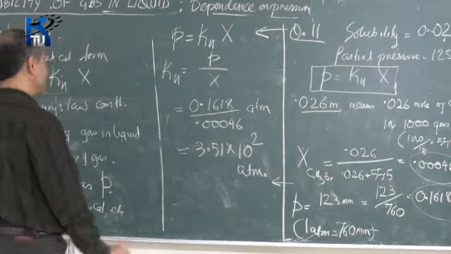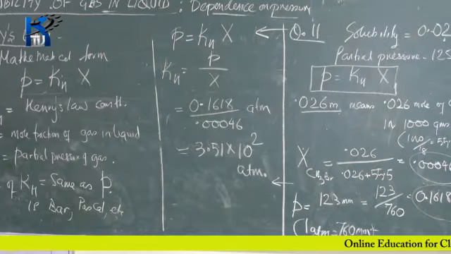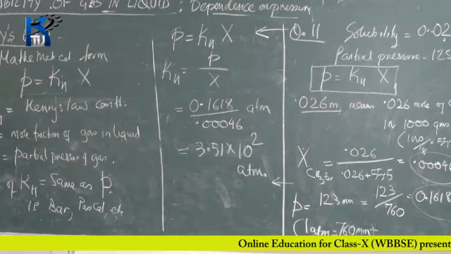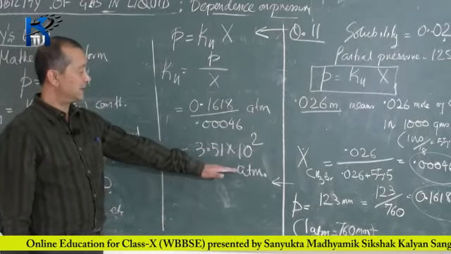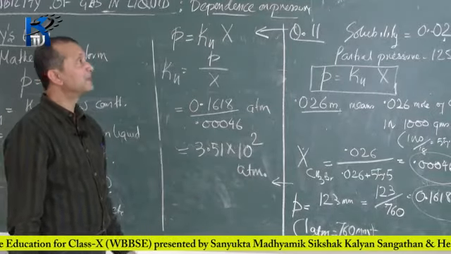So this is the answer that you are getting, 3.51 into 10 to the power of 2 atmospheres. And this is the answer that you will find in the back of your book also, in the numericals.